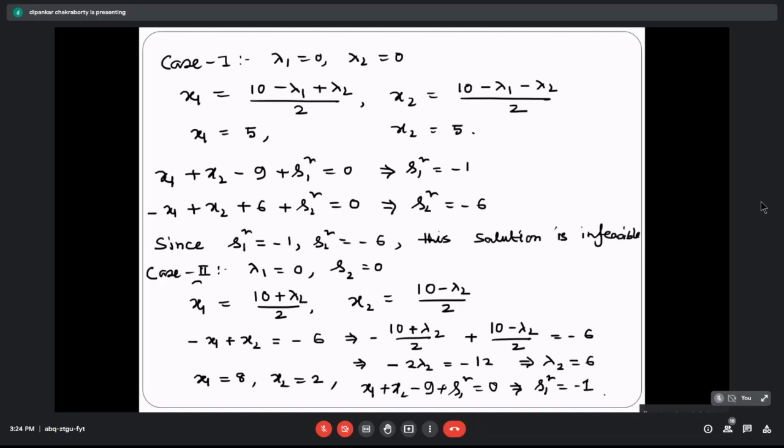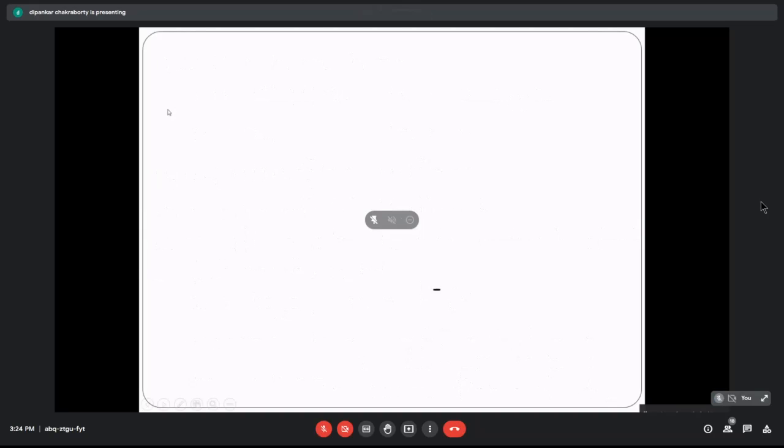So again, this solution is not feasible because s1 square is minus 1, right? Okay. So now you have to write down, since s1 square is equal to minus 1, the solution is infeasible or not feasible.